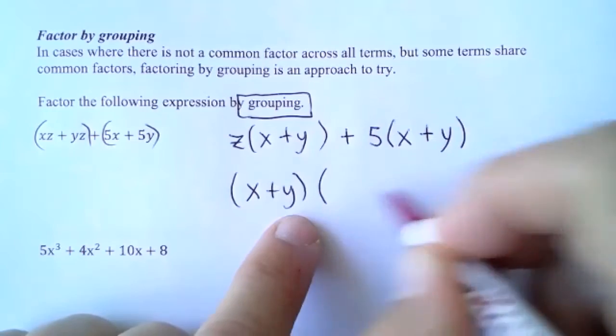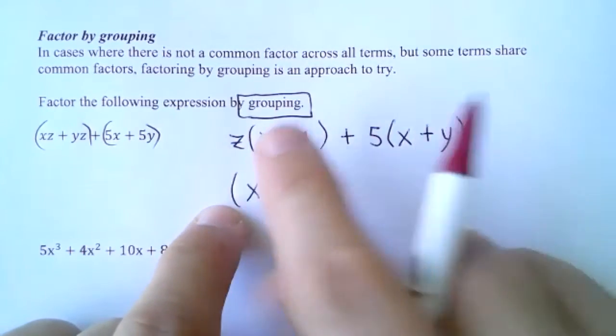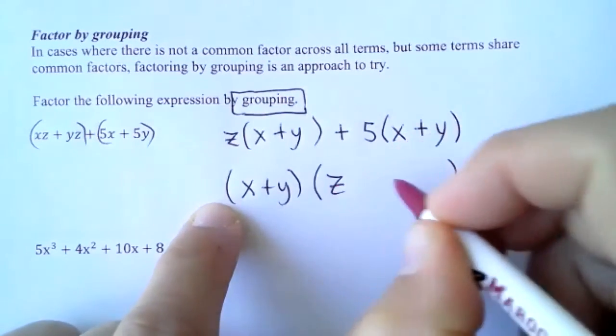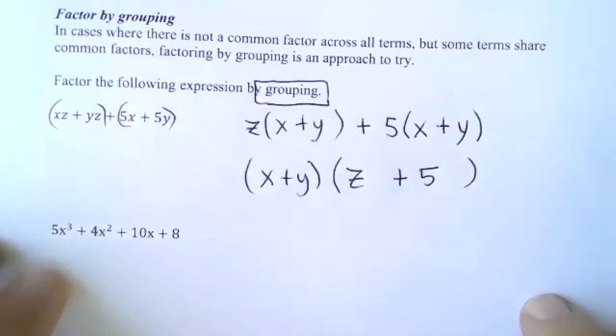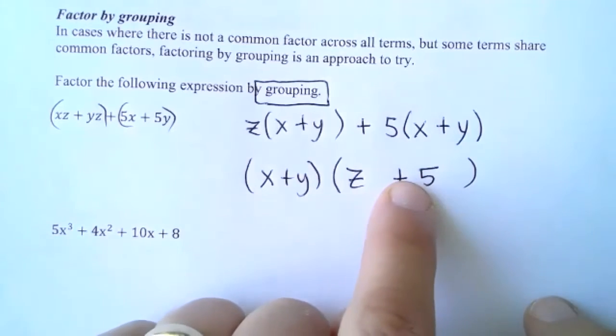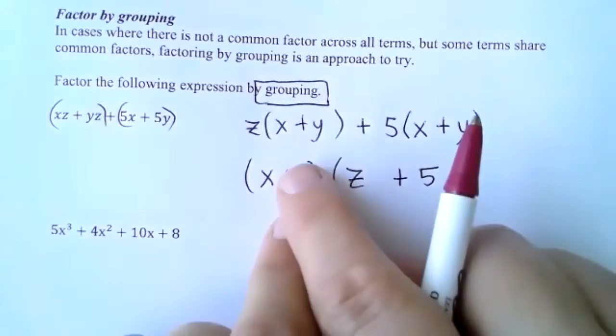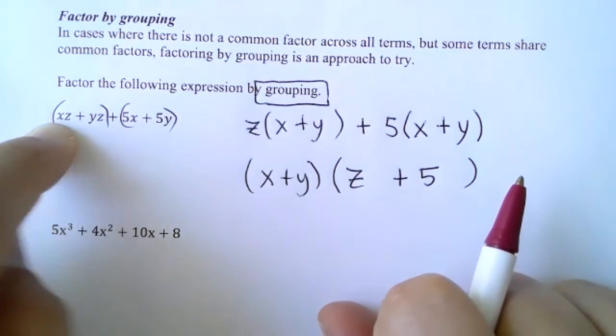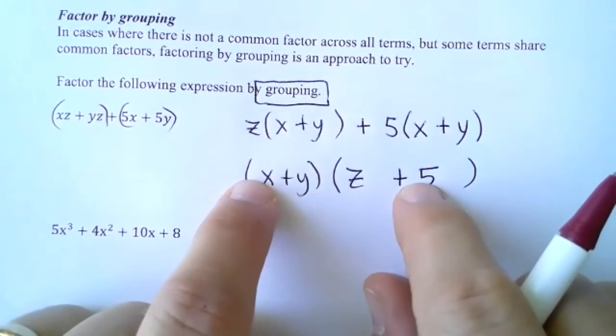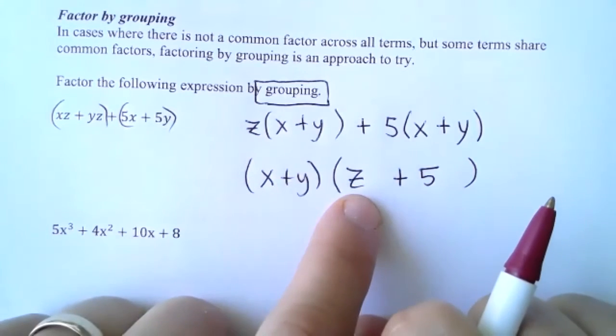And then I'm going to put parentheses and say, okay, what's left over here? z. Okay, what's left over here? Plus 5. Now you can see that we've got 2 binomials set up. And if you multiply these out, it would turn out to be this, okay? It's not a nice, neat little trinomial because you've got 3 different variables going on here.